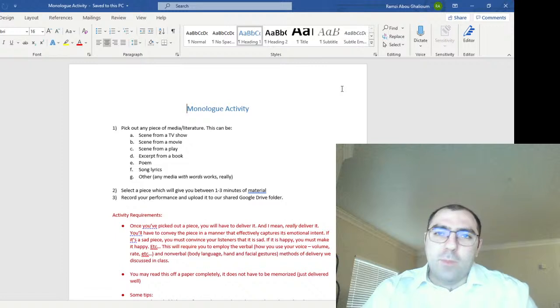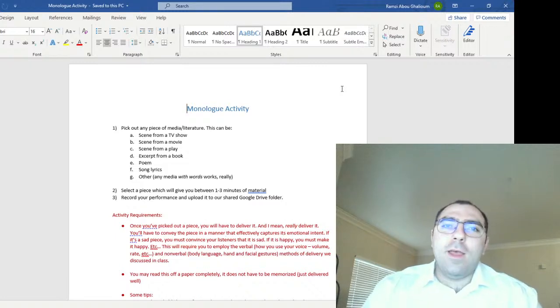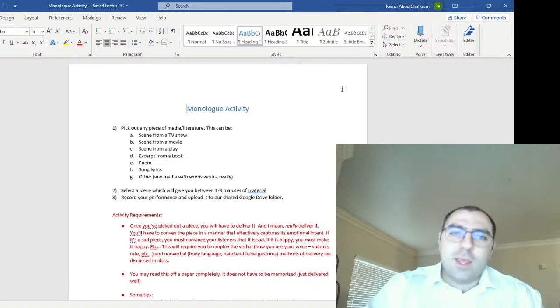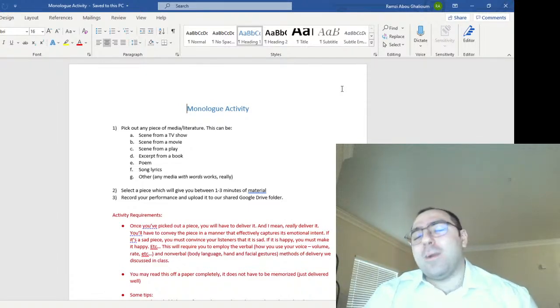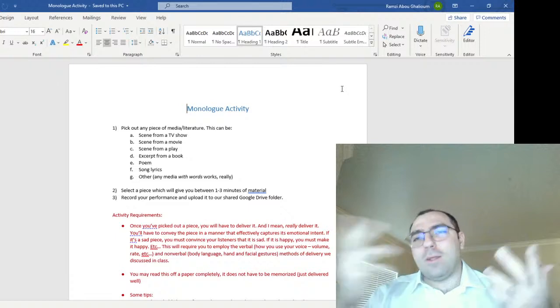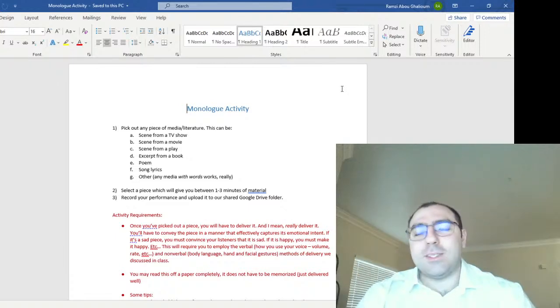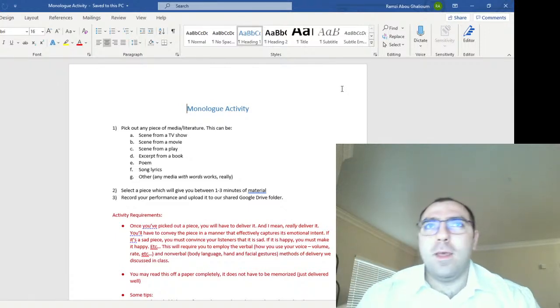He came with his phone and a little Bluetooth speaker, and he did the Shrek parts, and then he played the responses in that scene. It's not really a monologue. I mean, that becomes a dialogue, but the phrase monologue activity is just really a title.